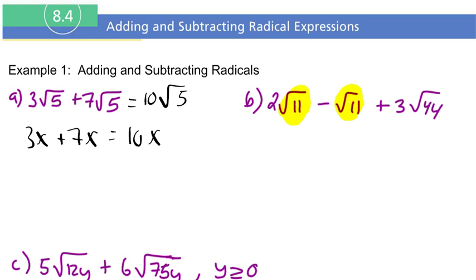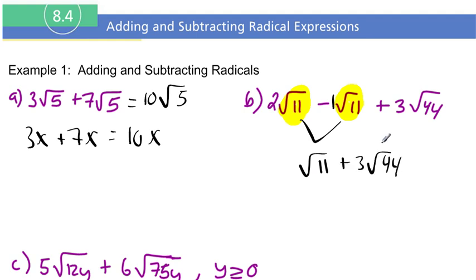So we can go ahead and combine those. 2 radical 11 minus 1 radical 11, there's a little ghostly 1 right there. So 2 minus 1 is 1 radical 11, but we don't have to put the 1. We have one of these left, and then we have our plus 3 radical 44.